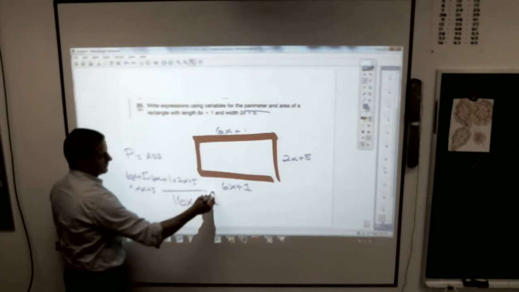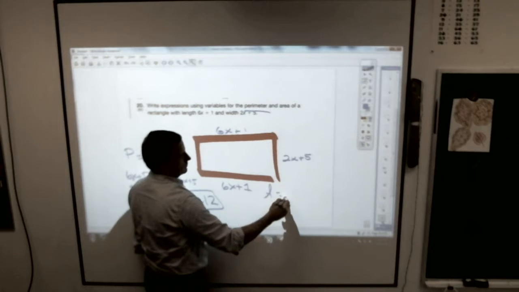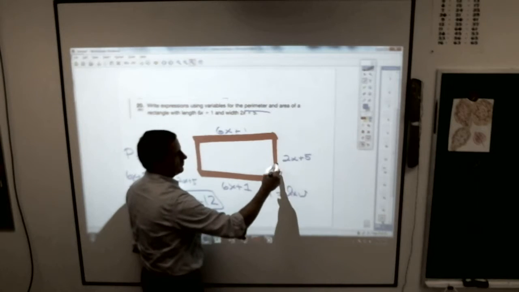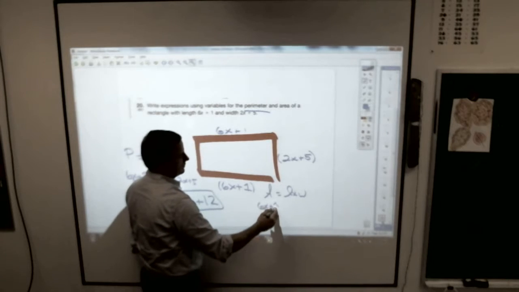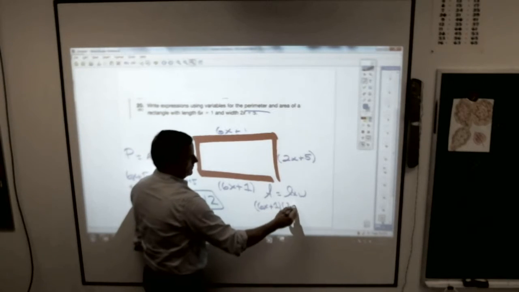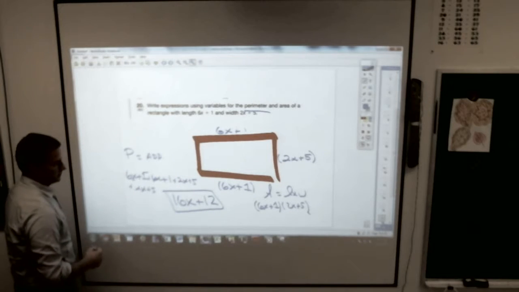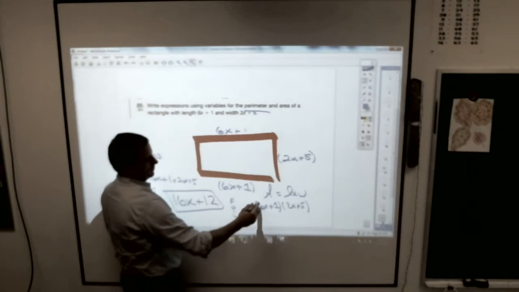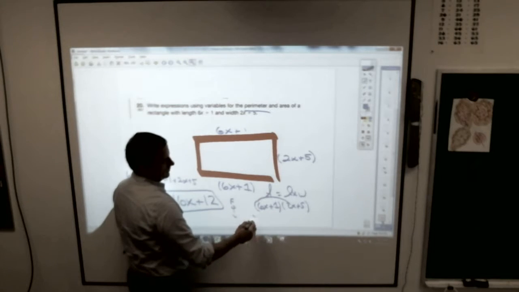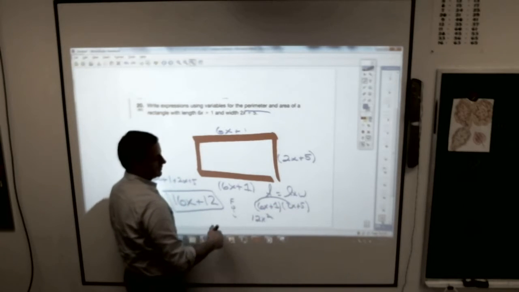So there's your perimeter. Area is length times width. So here you're multiplying this times this, a binomial times a binomial, which somebody out there says, anytime I do binomial times binomial, I use what? Grace? That's FOIL. First terms multiplied together gives you 12x squared. You with me, Kate? 6x and 2x, 12x squared.